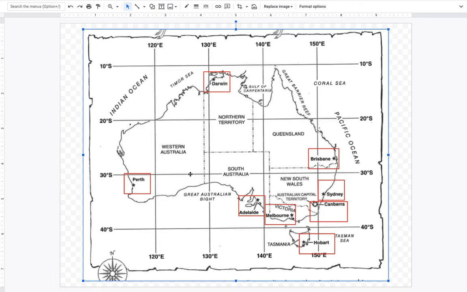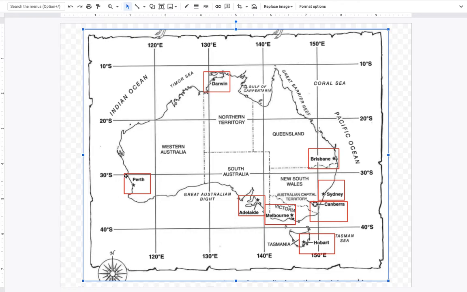Lines of latitude are always either going to be south or north. Now, Australia is completely below the equator, so it is in the southern hemisphere. So all these lines of latitude are going to have an S next to them standing for south. Okay? So, it's near the 30 degrees south.